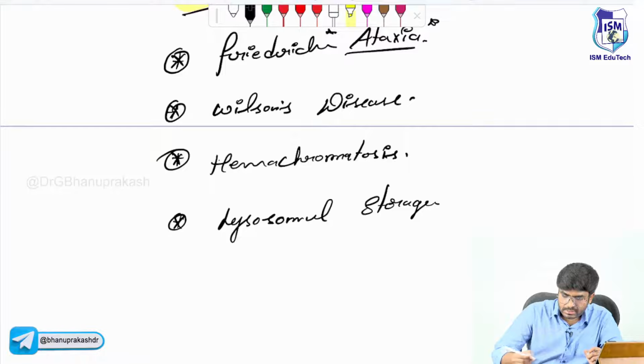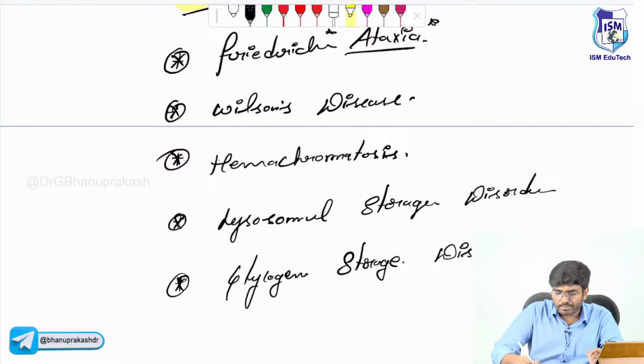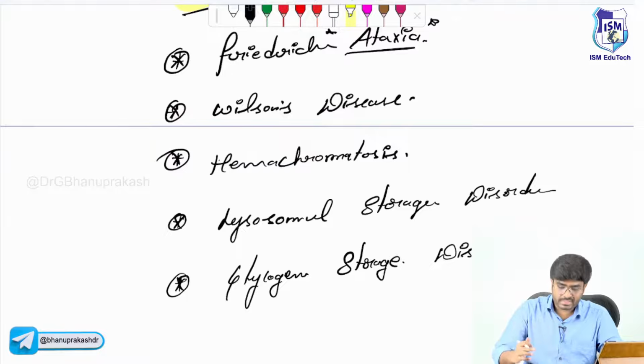Okay, those diseases, lysosomal storage disorders, and even glycogen storage disorders. Lysosomal storage disorders and glycogen storage disorders are all examples of autosomal recessive disorders.